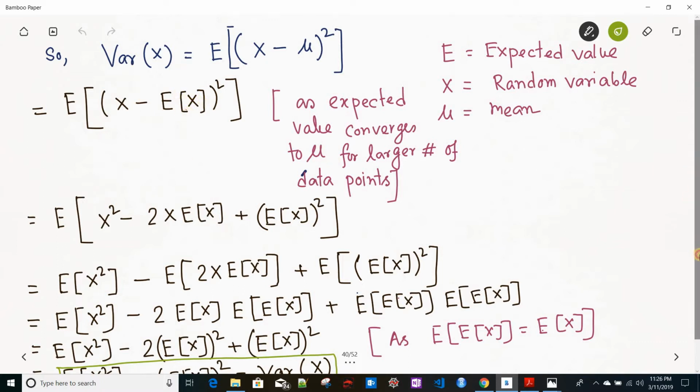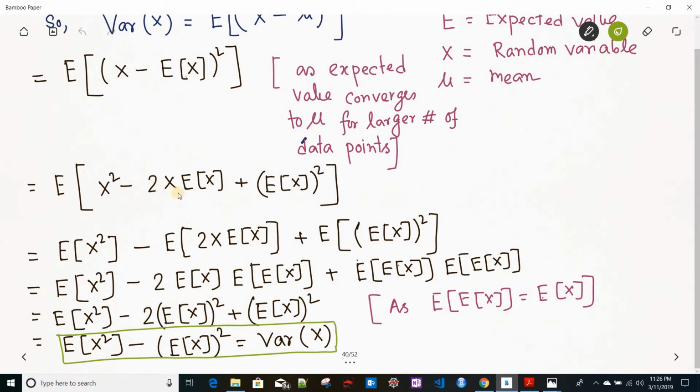And if I work on the square, I can write X square minus 2X into expected value of X plus expected value of X whole square. Then I can distribute the expected value among all these three things. That means expected value of X square minus expected value of 2X times expected value of X, plus expected value of expected value of X squared. Now, expected value makes sense only when we talk about a random variable, because that random variable for each and every experiment will have some value, and then we are taking the average over there.